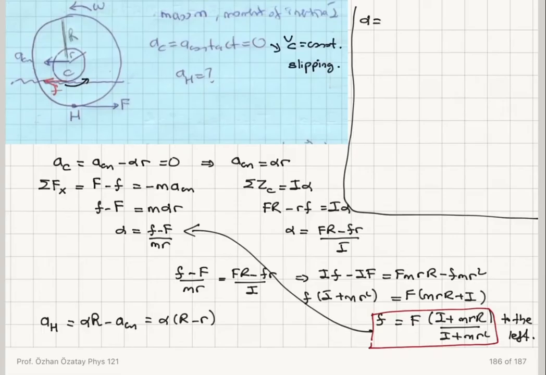So if I solve for alpha from this equation, let's do that here.